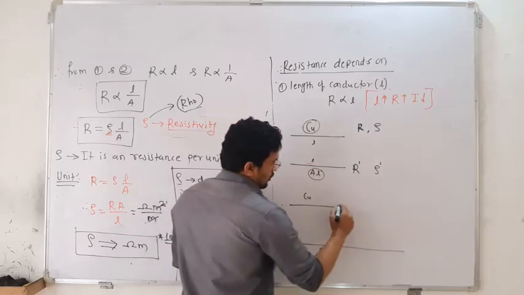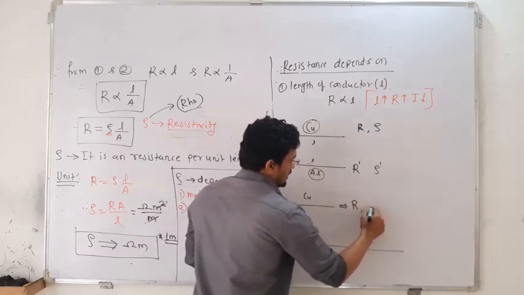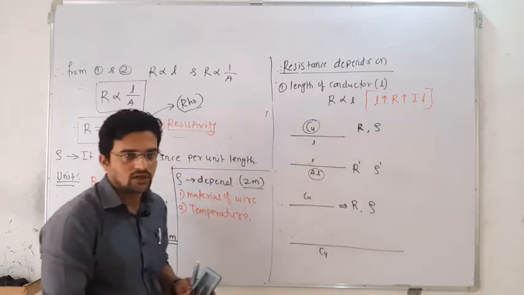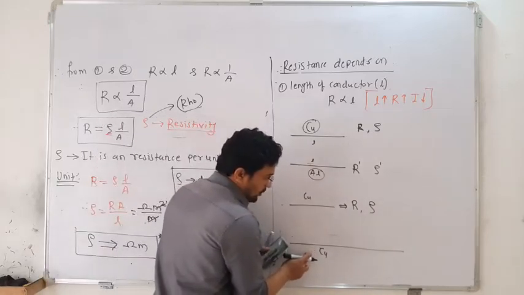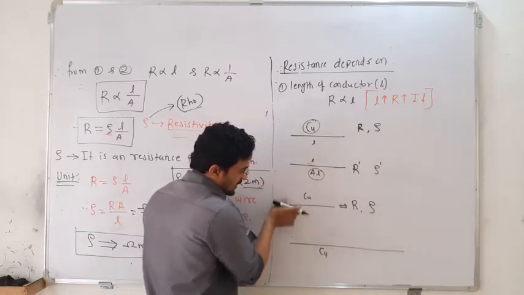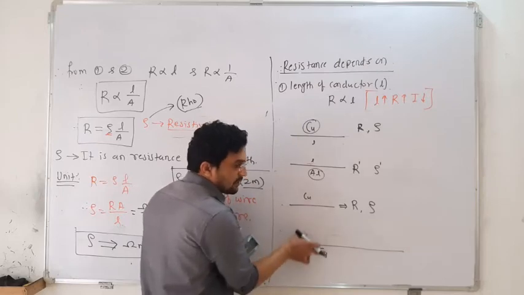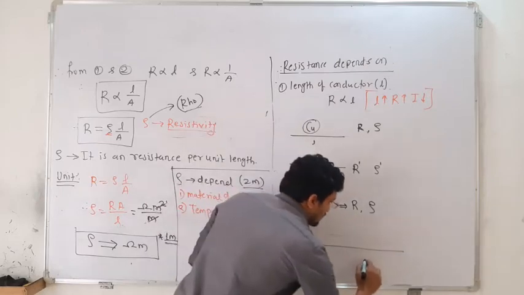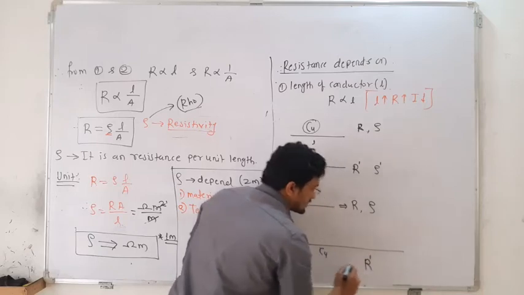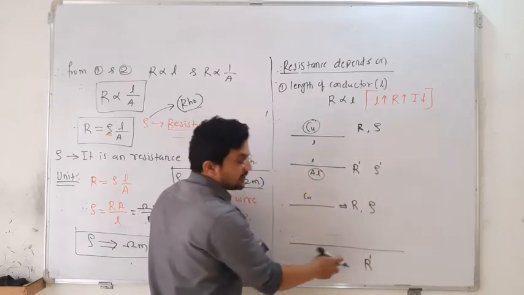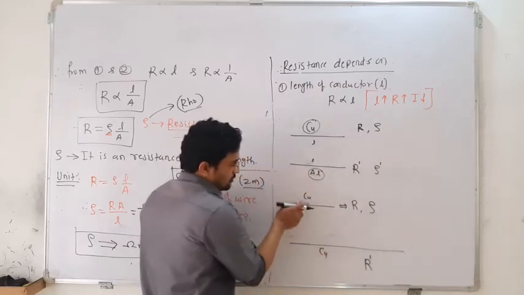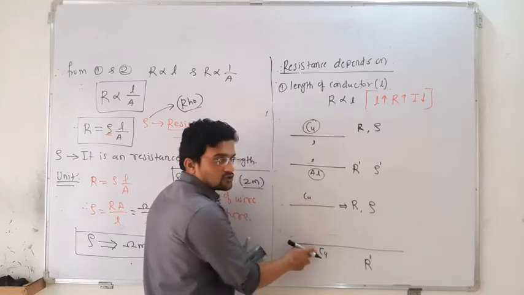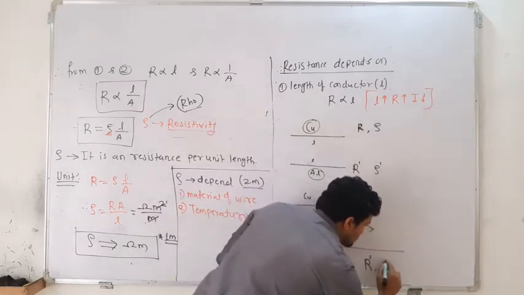So now for this copper wire resistance is R and then rho. But for the same copper wire, length is different but the area is the same, and it is made up of the same material. Now here length increases, resistance increases, hence R will be different here, but this is also made up of copper, so resistivity will be the same.